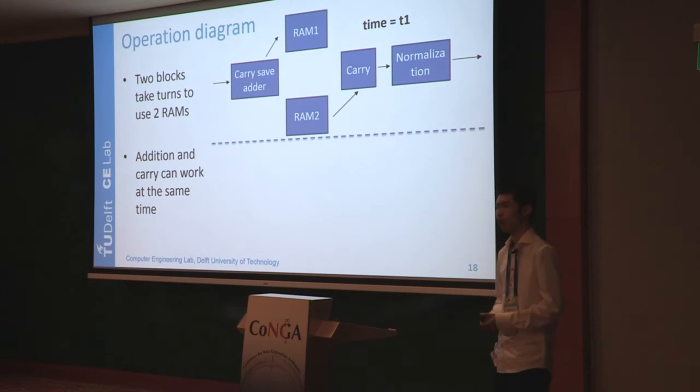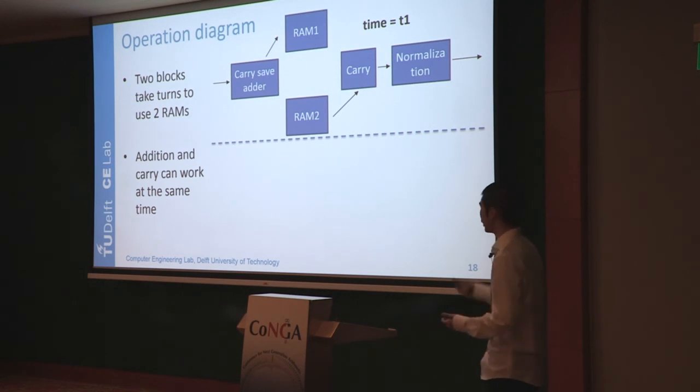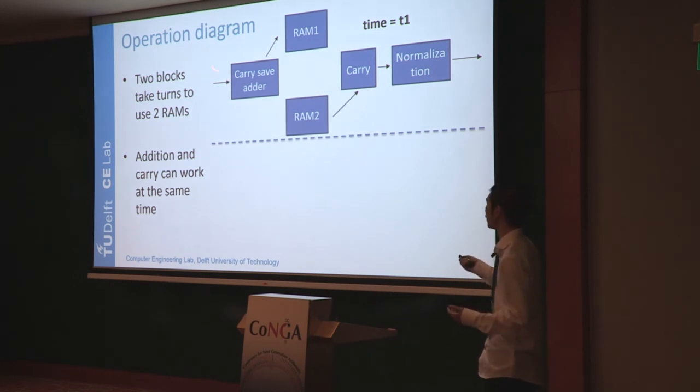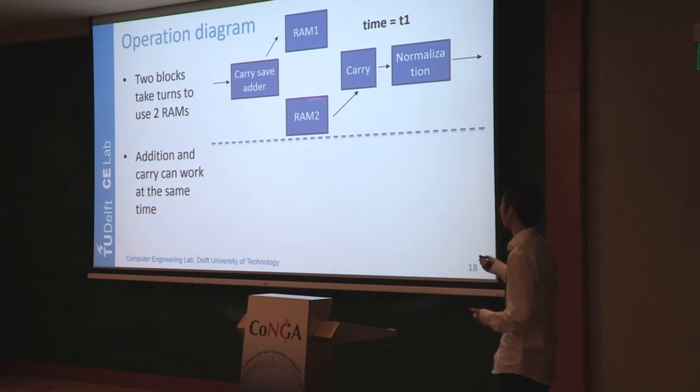This is a diagram of the operation. In the beginning, the carry-safe adder will process the data and add numbers to RAM 1. This is the first quire register. At the same time, the carry block can do the carry for RAM 2, the other quire register.